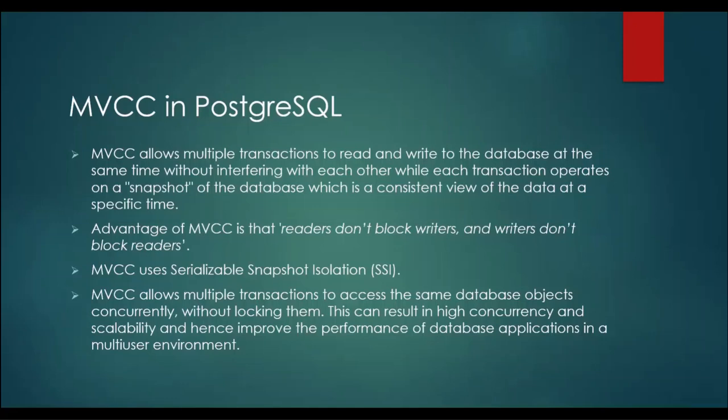If that session is not yet committed, the important thing is tuple visibility, based on previous commits or previous uncommitted transactions. Based on that, the snapshot will become visible or invisible. That is the main important thing.